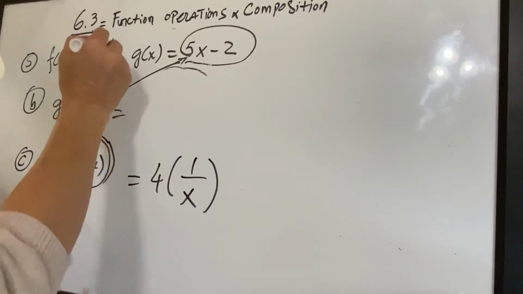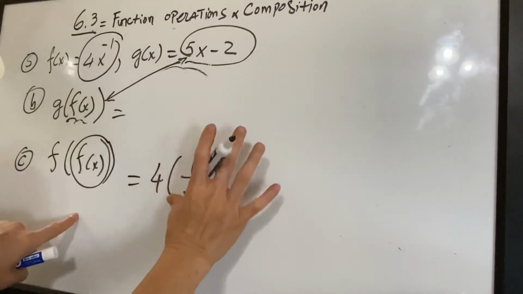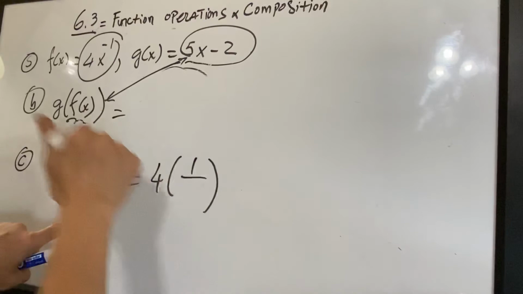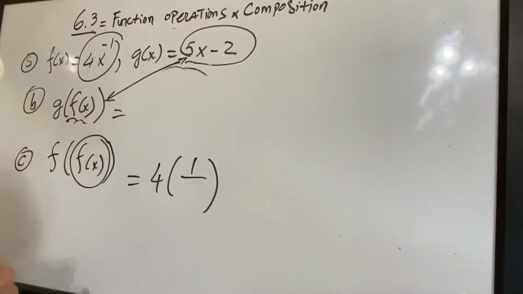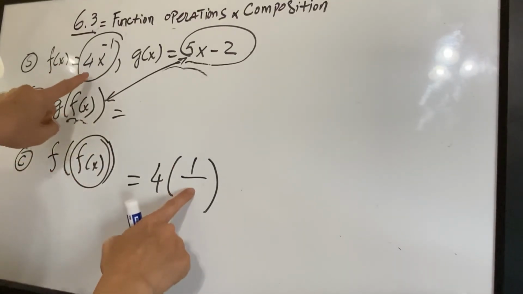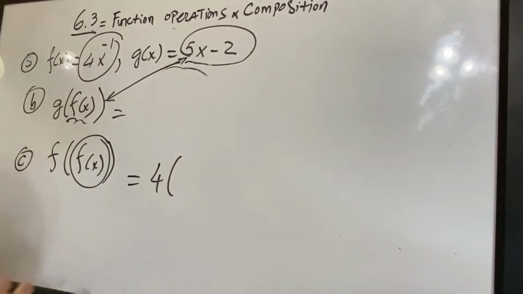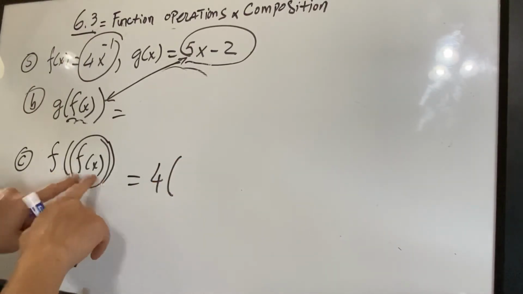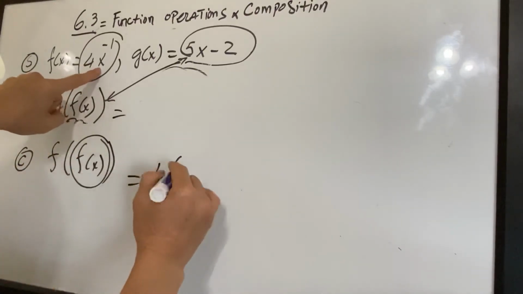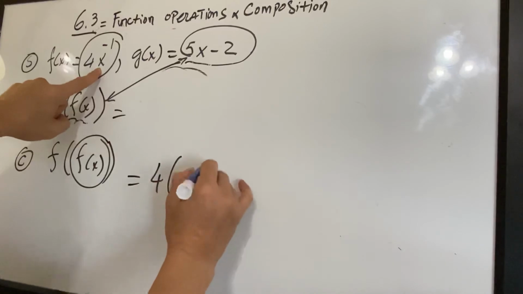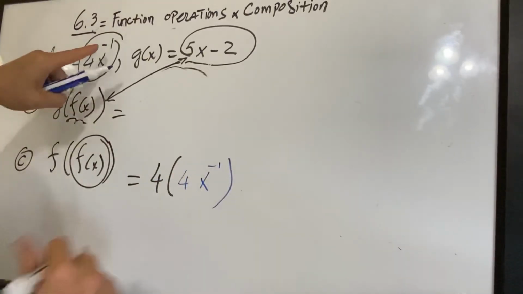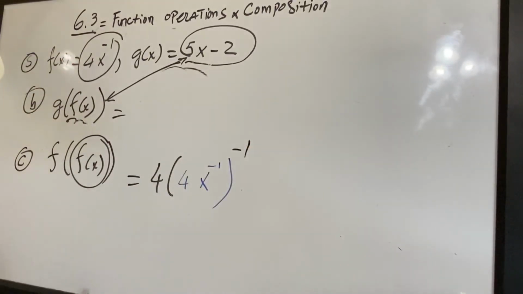It is the whole function of f of x itself. So therefore, what do you put now? Look, okay, the whole function right now, since x negative 1, how about we do it just like that for you? Here you go. Whatever f of x is right now, plug it in for that, which is what? Another 4x negative 1. And don't forget this one, the whole thing to the negative 1. There we go. Okay, you got it?